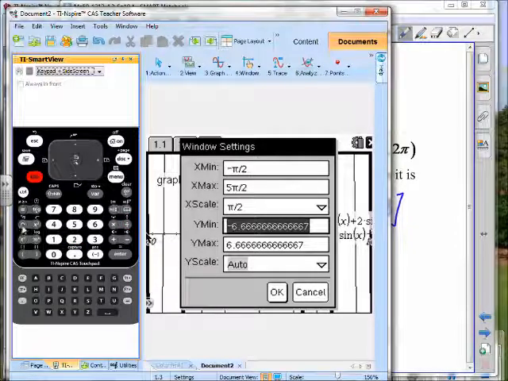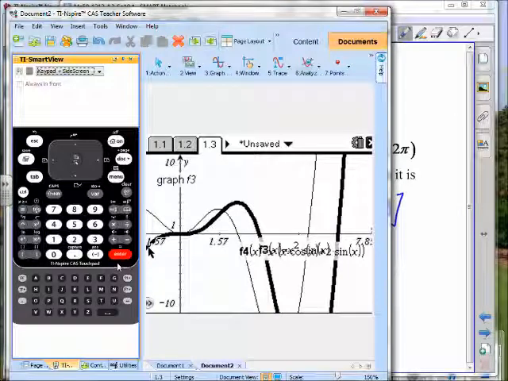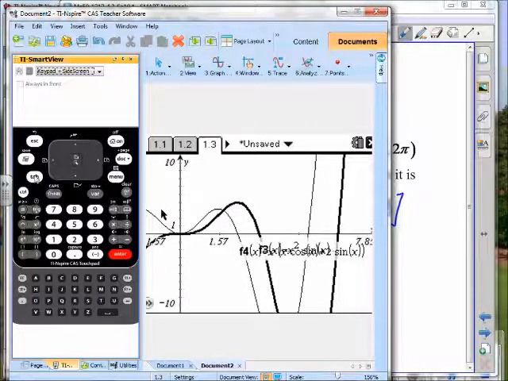And I don't need this much space, maybe. I'm going to say negative 10 to 10. I forget what I'm seeing down there, so we can always go back and change it. Okay, so I do need a little more space on the negative side, so we'll take care of that.